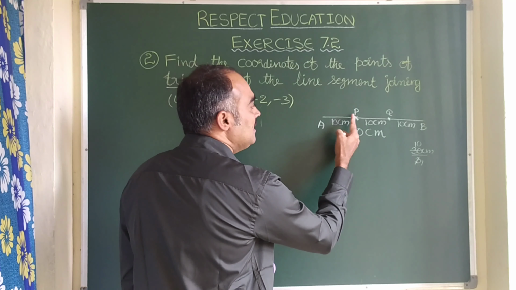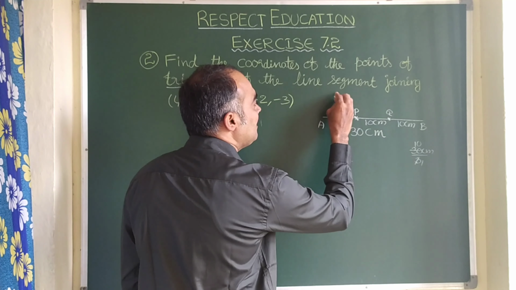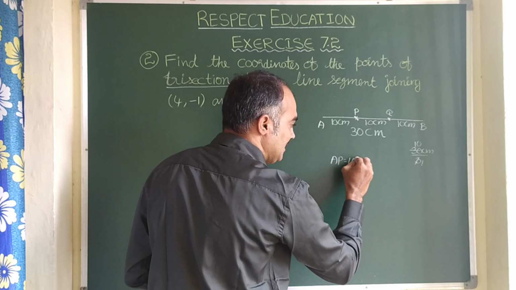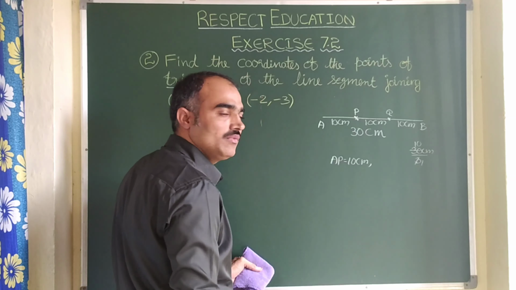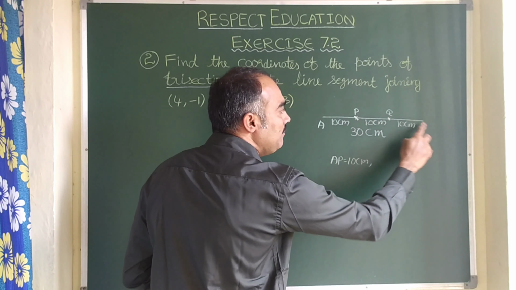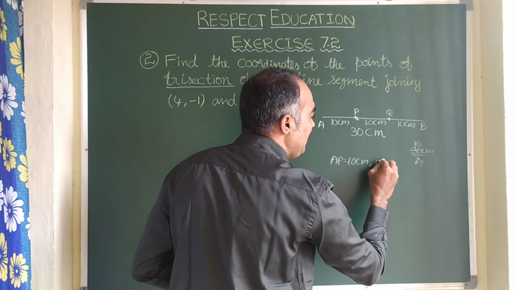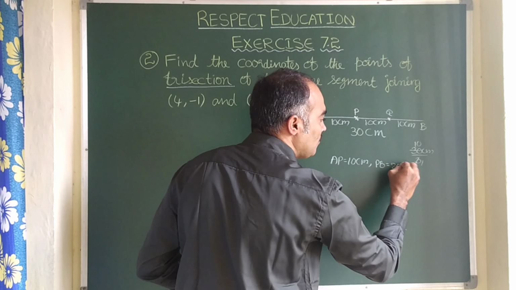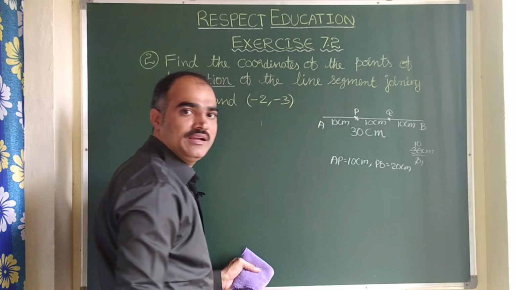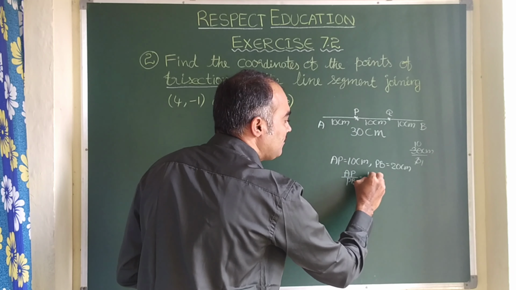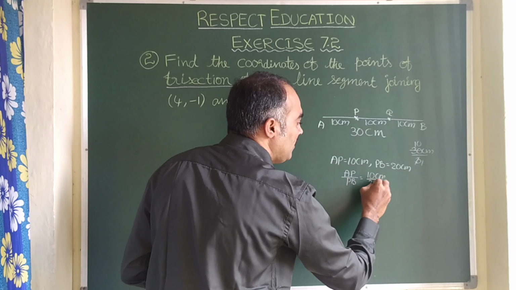Let us see here. AP is 10 centimeter. PB is 10 plus 10, which means 20 centimeter. Now let us find the ratio of AP and PB. AP by PB is equal to 10 centimeter by 20 centimeter.